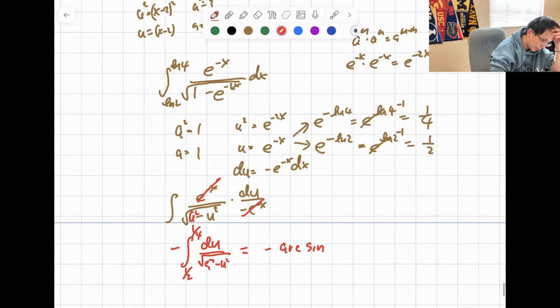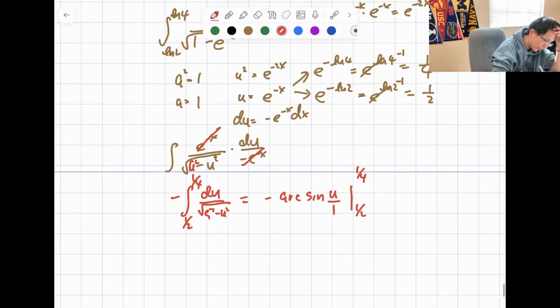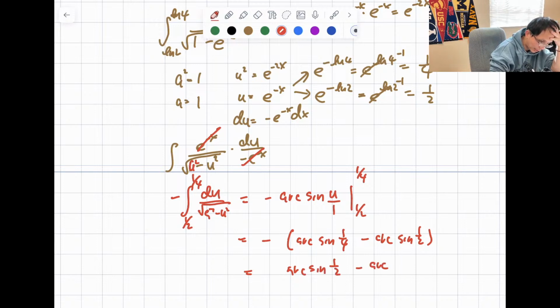It's okay. So u is between 1/4 and 1/2. That means negative arc sine of 1/4 minus arc sine of 1/2. Arc sine of 1/2 we know the value, arc sine of 1/4 we don't know the value.